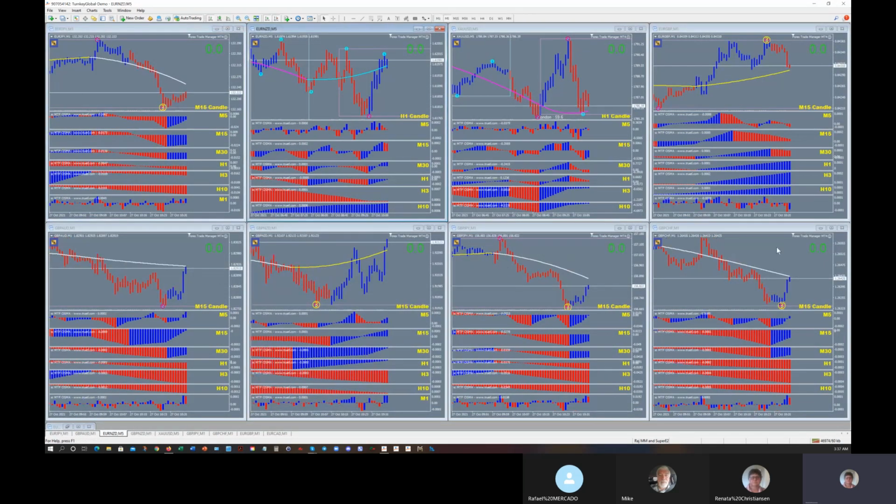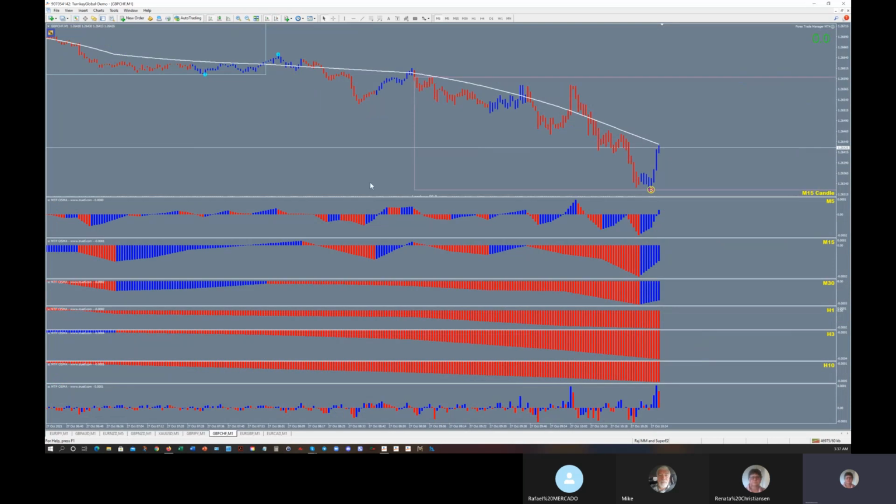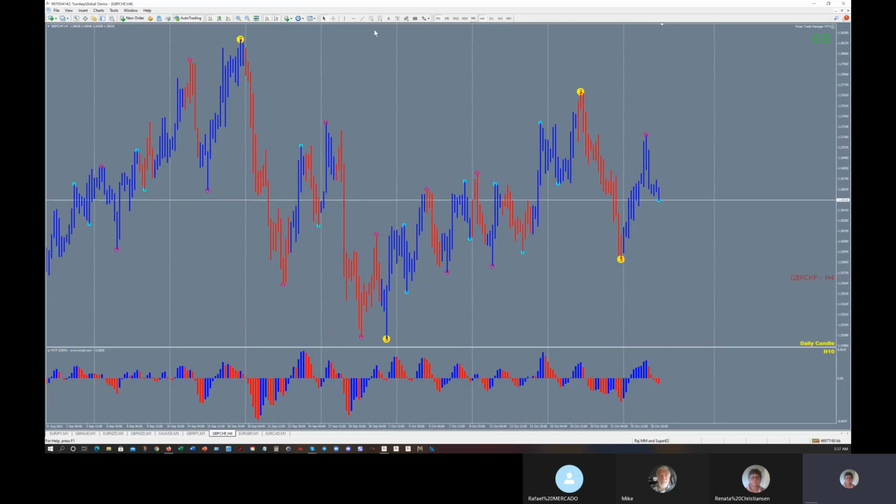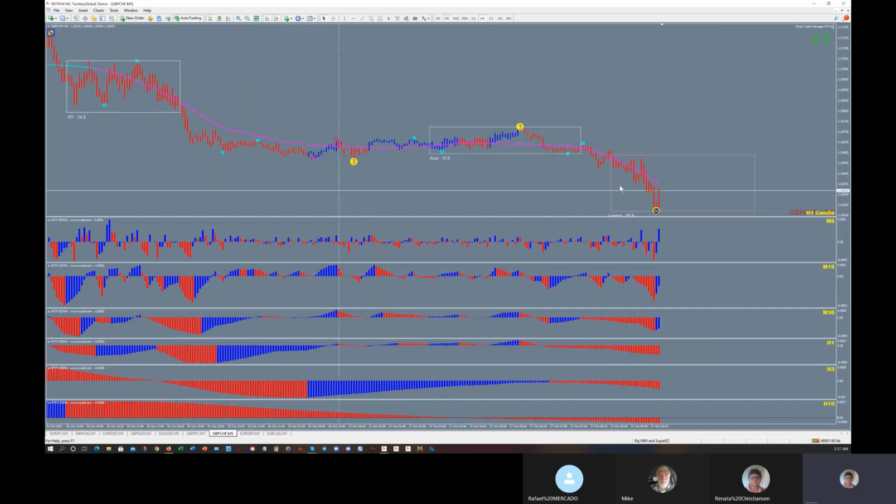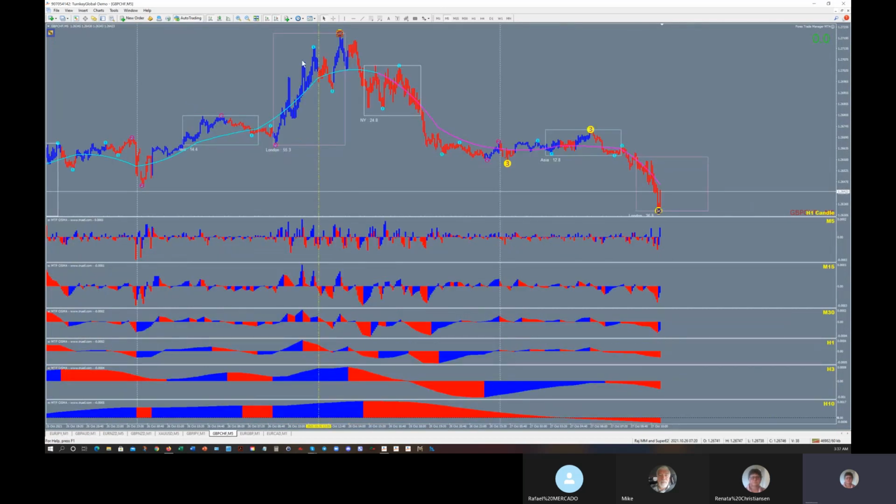What else? Pound Swiss was the trade of the day. Let's take a look at that. 2 ball, 5 minute. The ball was set yesterday at the end of the European session when we were yakking rather than trading.